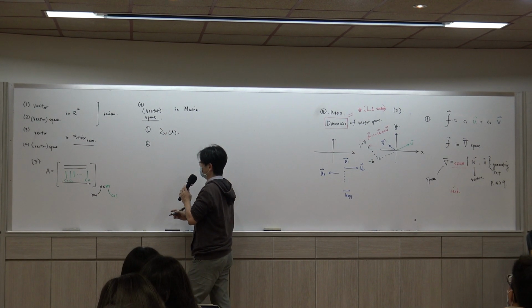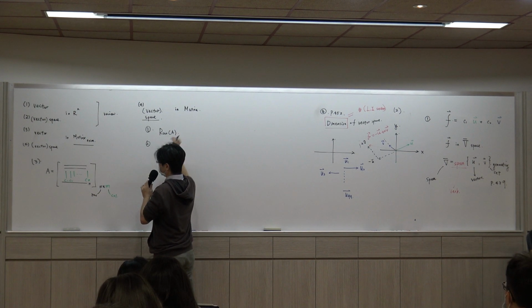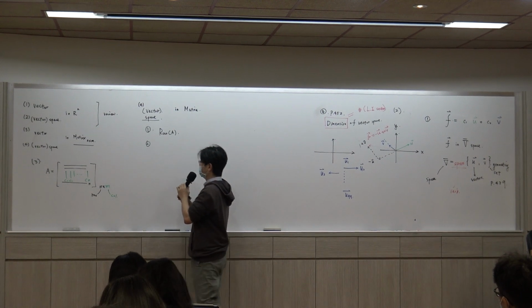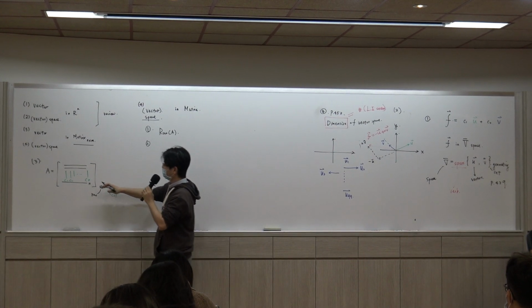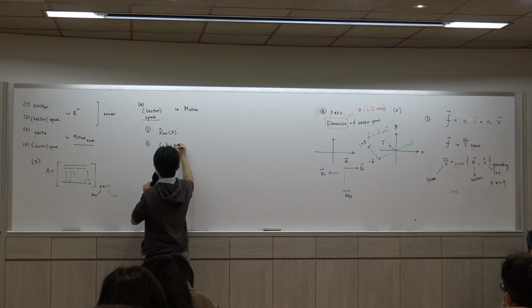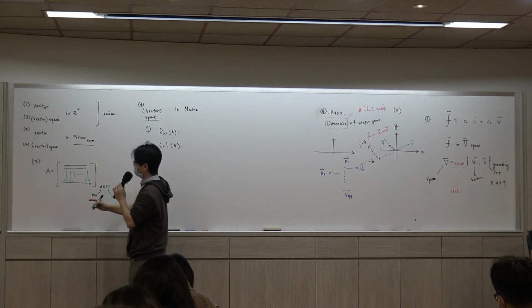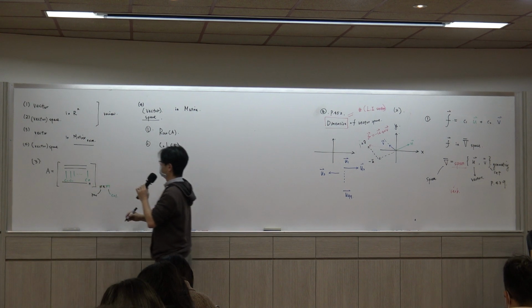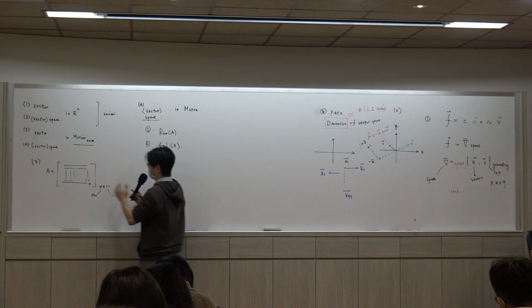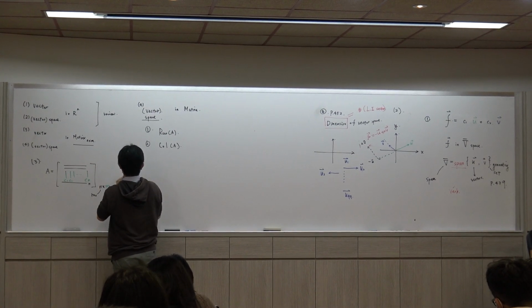The row space is based on the expansion of the row vectors, and the column space relative to the matrix A is defined by the expansion of the column vectors.